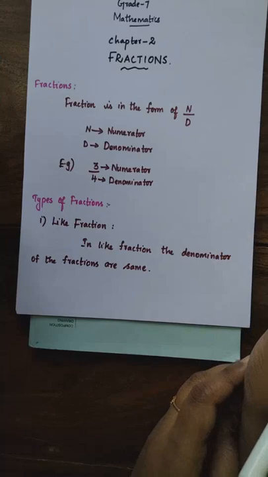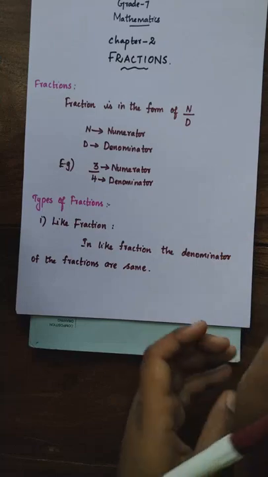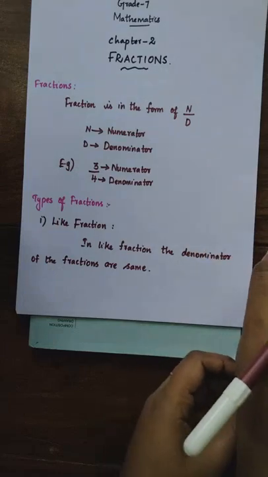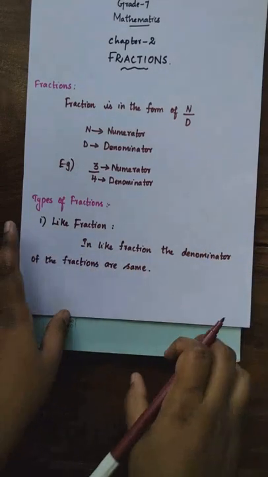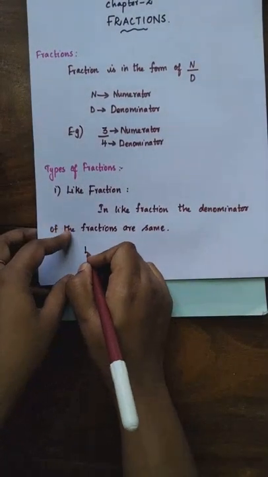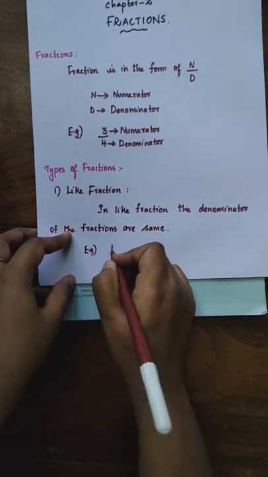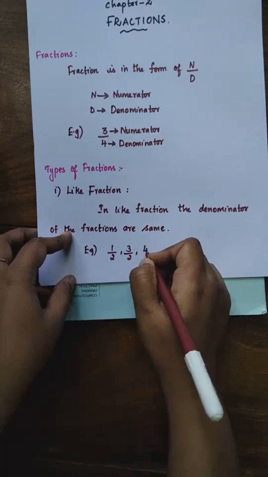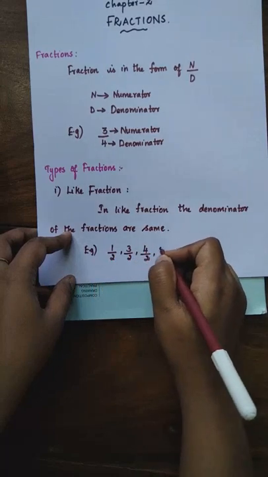What is the denominator? The bottom number of the fraction, right? Here, the bottom numbers of the fractions are the same. That is like fraction. You can see one example: 1 by 2, 3 by 2, 4 by 2, 5 by 2.